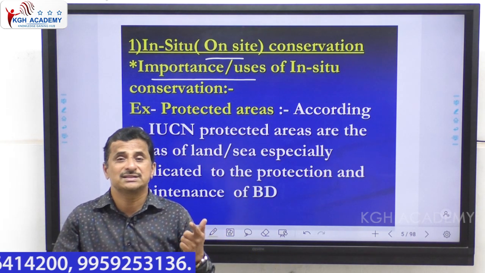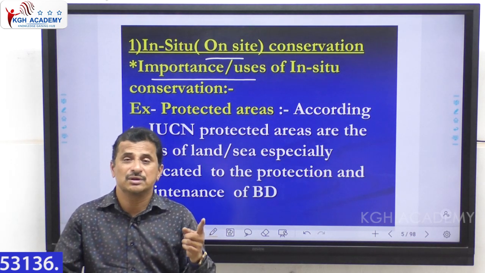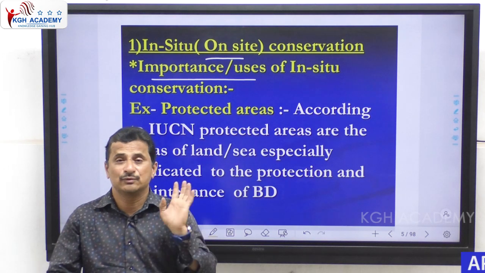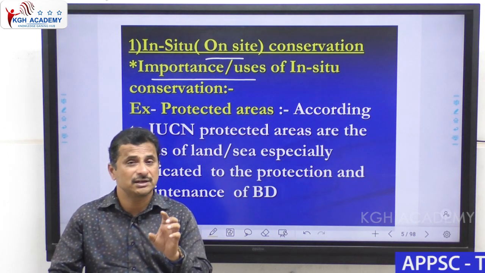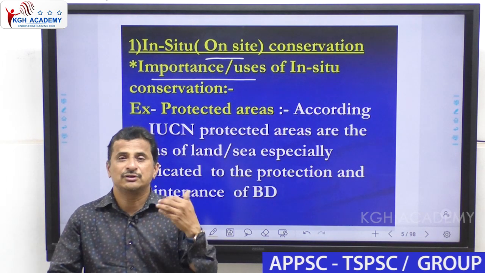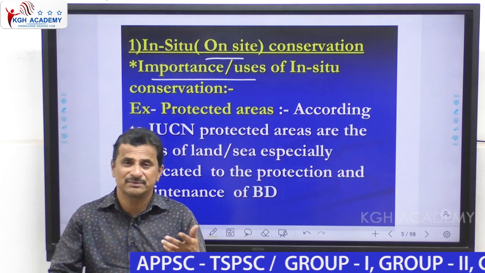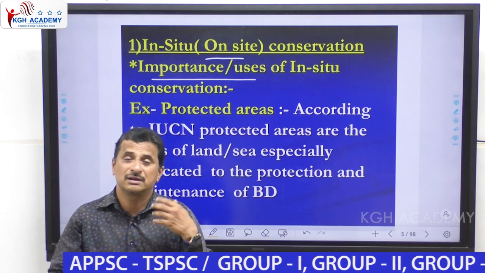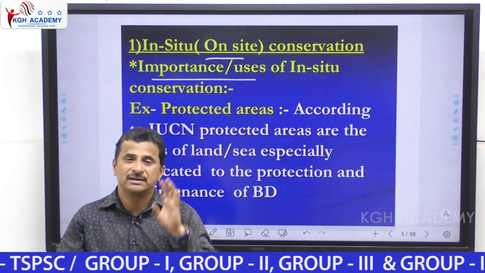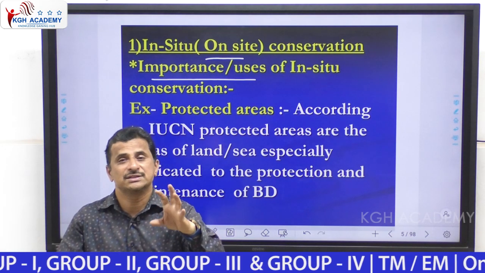So they can tolerate environment-related problems and conditions, adjust to changes in the environment, and continue to the next generation. They automatically increase their number, and this is the easy, best, cheap, and most comfortable method. That is why, for years, scientists and wildlife biologists have given preference to in-situ conservation.